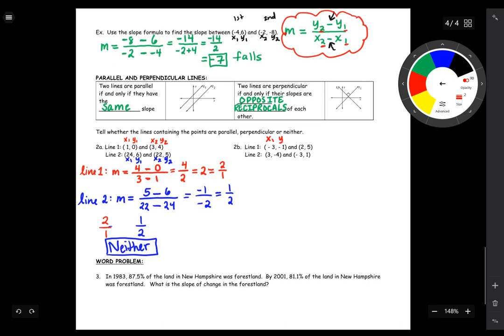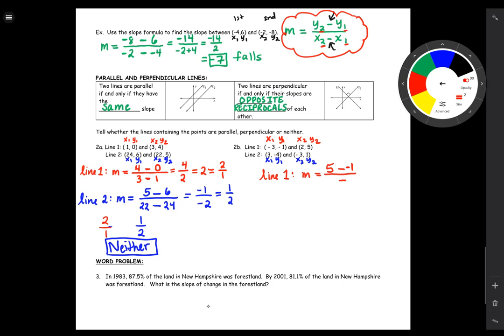Okay, let's do 2b, x1, y1, x2, y2, x1, y1, x2, y2. Okay, line 1. So 5 goes here, and negative 1 goes here. Don't forget that negative.